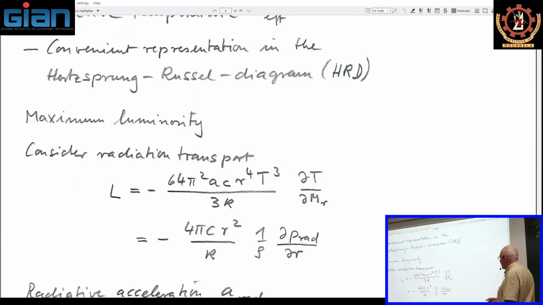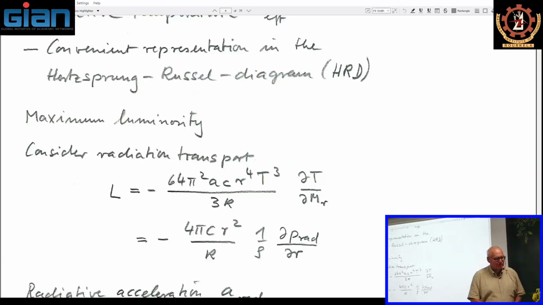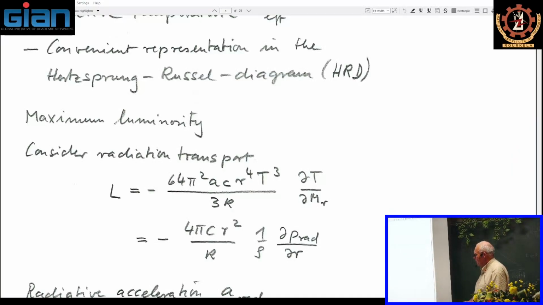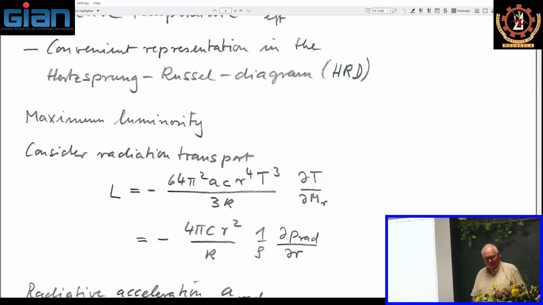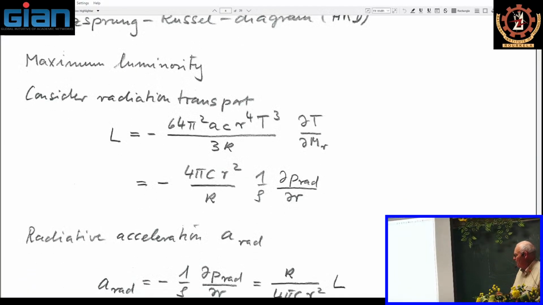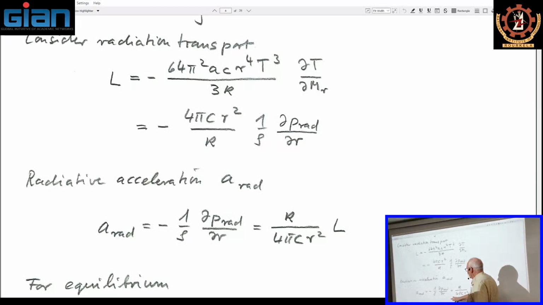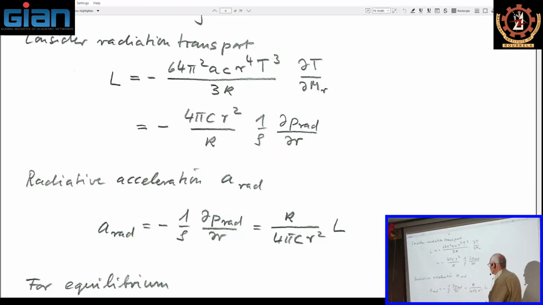So the radiative acceleration, a_rad, is simply minus 1 over rho times the gradient of radiation pressure.